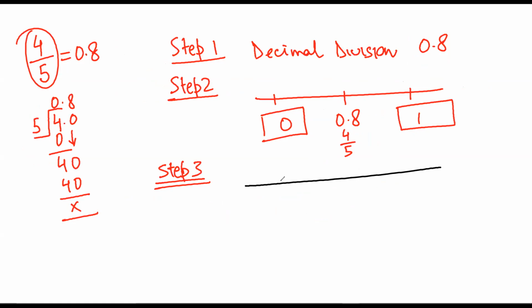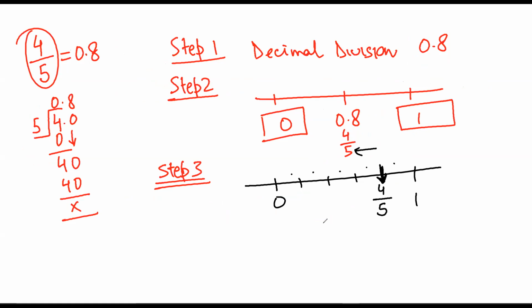So this is 0, this is 1, denominator is 5. So how many parts do I require? 5. So this is the first part, second part, third part, fourth part, fifth part. So 4 by 5 is the fourth part. So it will lie here. Is it clear now?